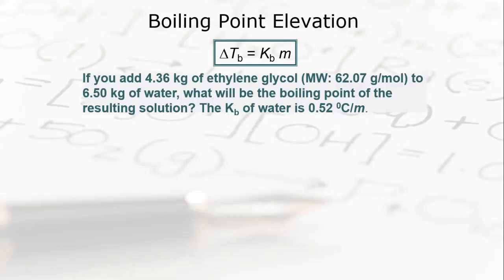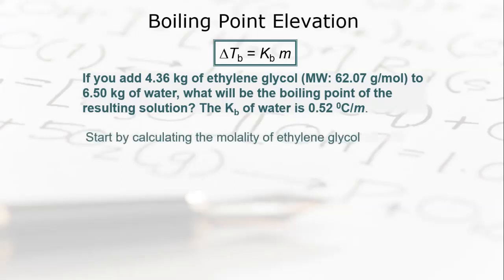Okay, again, let's use our equation. Let's see what we need to find out. Well, the first thing we need to do is find out the molality, right? So let's start out by calculating the molality of the ethylene glycol. It says here we have 4.36 kilograms. Let's go ahead and change that to grams. So 4.36 times 10 to the 3 grams. We know that 1 mole of ethylene glycol is 62.07 grams.